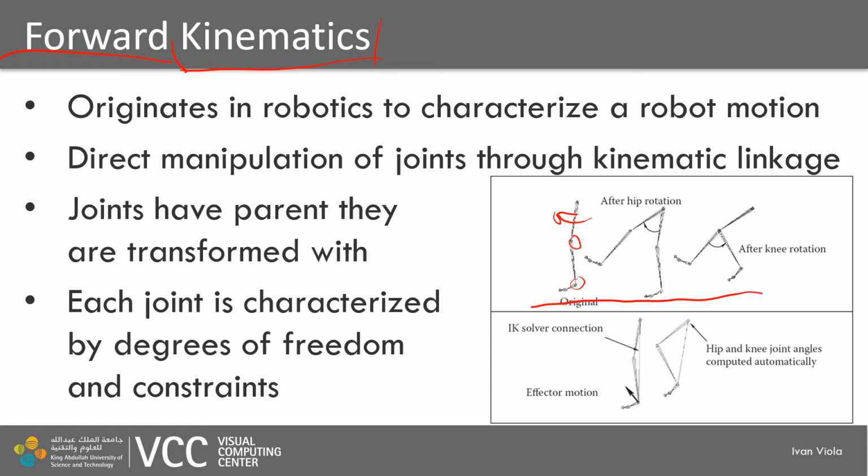One more thing which is important to mention is that forward kinematics is working with this kinematic linkage. So there is a hierarchical relationship between the joints, and these joints have a so-called degree of freedom and constraints. That's how they are characterized. Degree of freedom for a joint means, if a joint would have just 1 degree of freedom, it would be a rotational joint which could rotate just by one angle.